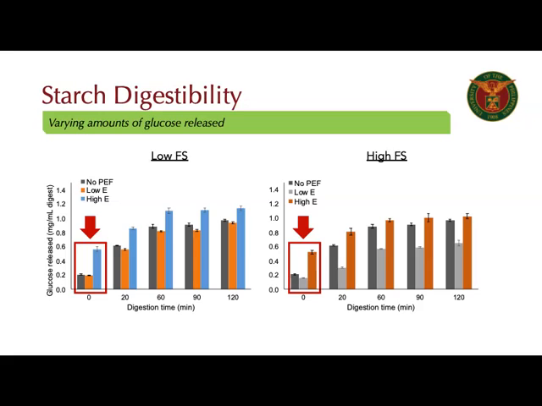Okay? Pero makikita natin na dito, both in the left and the right figure, both in the low and high electric field strength applications, yung highest levels of glucose released are from those treated at high energy levels. So we have yung blue bars on the left, and then we have the dark orange bars on the right graph.